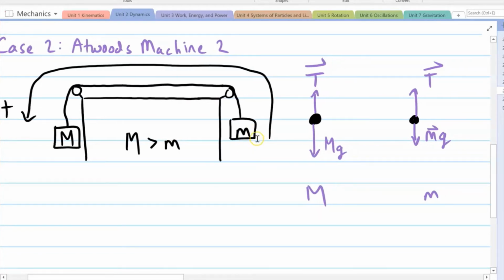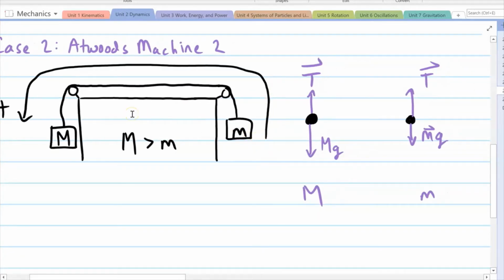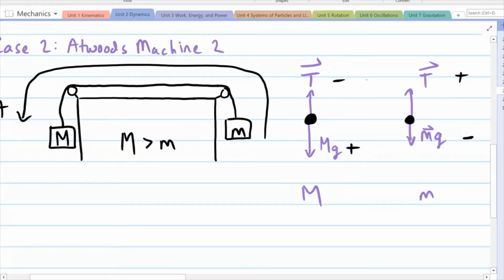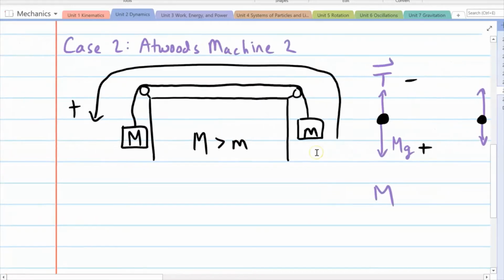With the little mass, if we were to go by this convention, this force here is negative because it's opposite of the direction I chose, and the tension is positive. And then in the other diagram, this force is positive and this is negative, so it kind of switches. Just keep that in mind because of the direction I chose.